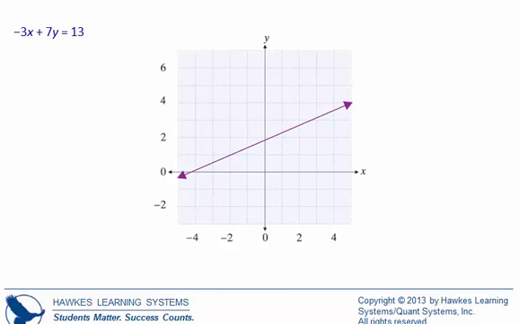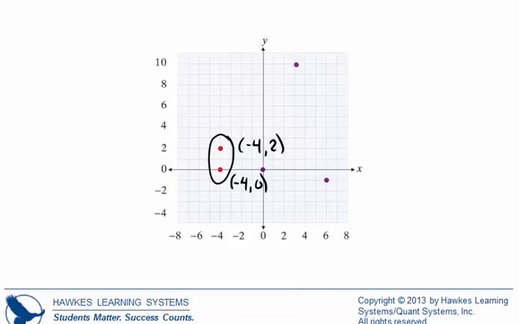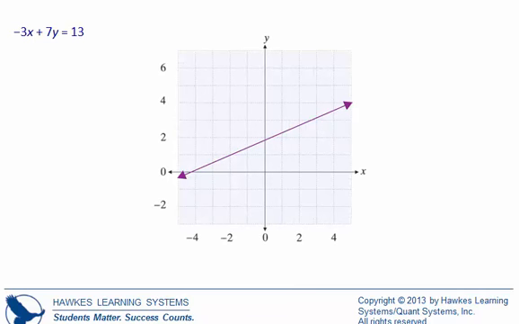But note that we don't have any 2 points that are aligned vertically, like we saw in the previous graph. So since there are no 2 points aligned vertically, this does represent a function.